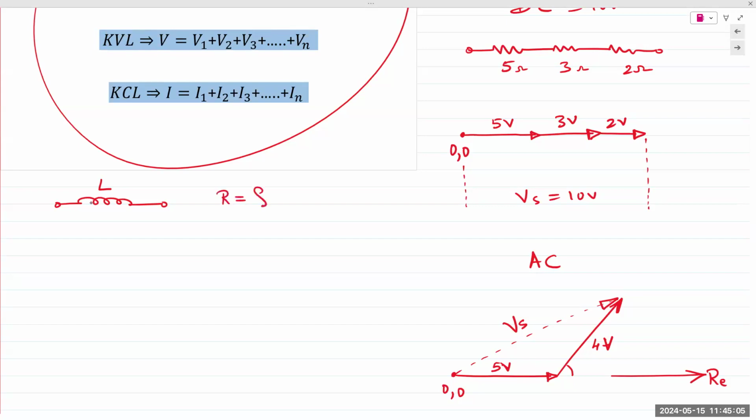Resistance R is given by rho L over A. Rho is resistivity, it's a material property. L is the length of the wire, meaning depending on how long the wire is, and A is the cross-sectional area.